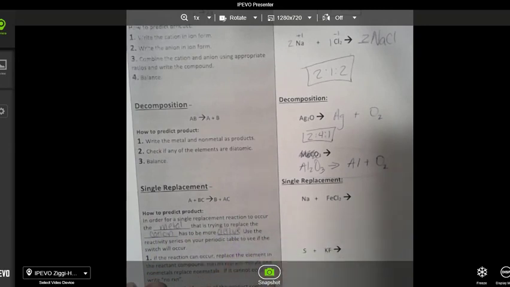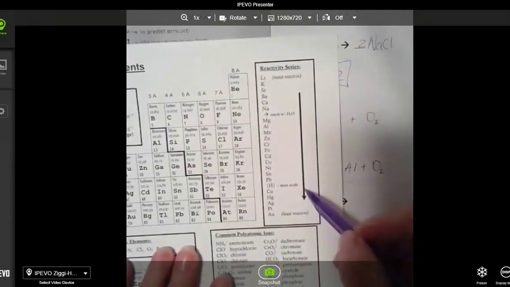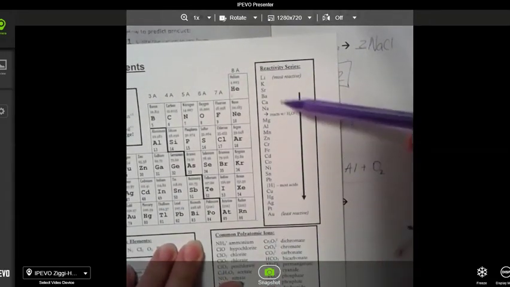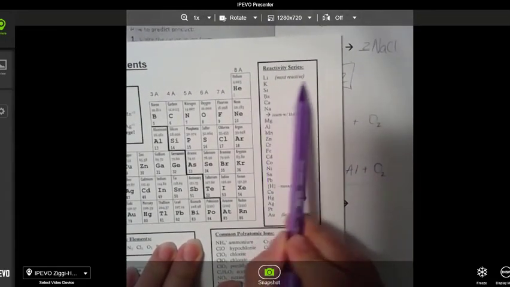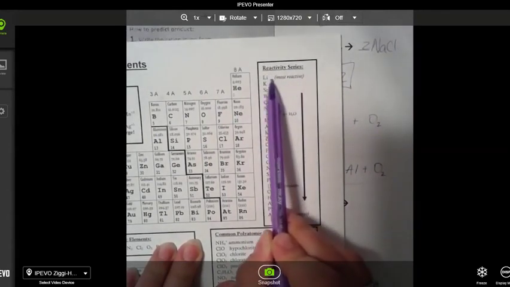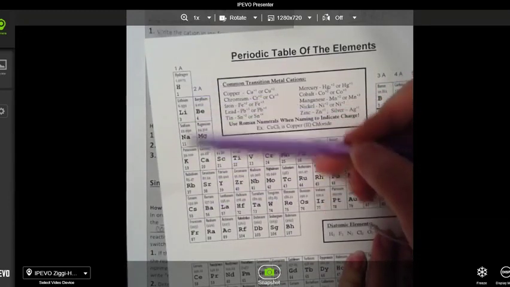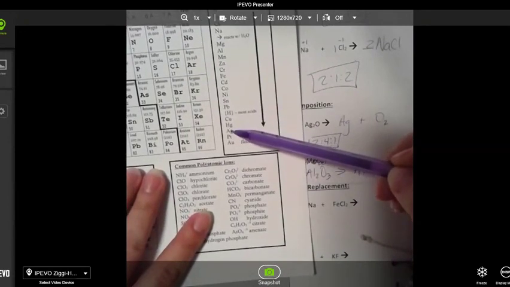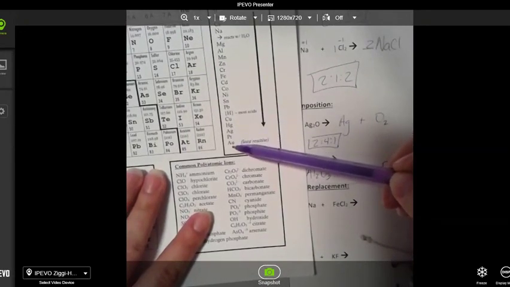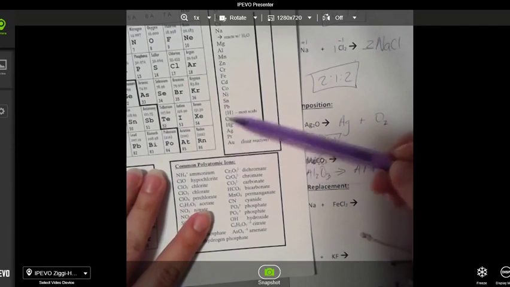So what that means is that we're going to use this reactivity series on our periodic table to help us figure that out. If you look up here are the most reactive, and that includes lithium, potassium, right? Lithium and potassium are in group 1, and they're super reactive. Alkali metals are super reactive. Towards the bottom, we have things like copper, mercury, silver, platinum, gold, and these are least reactive.